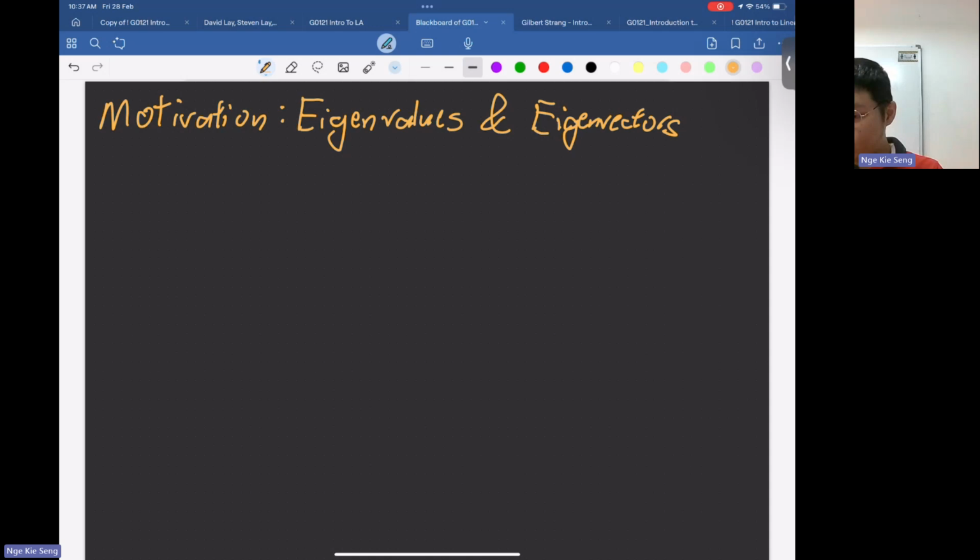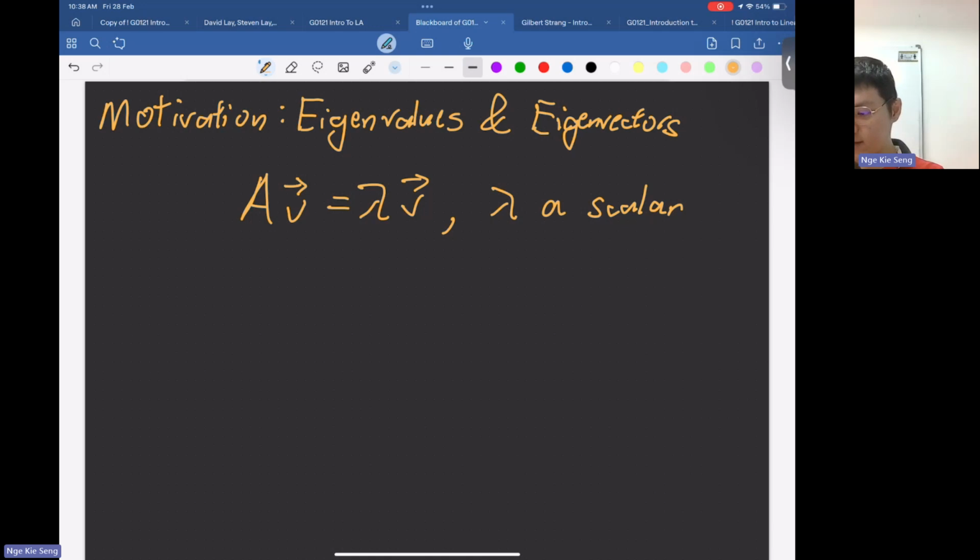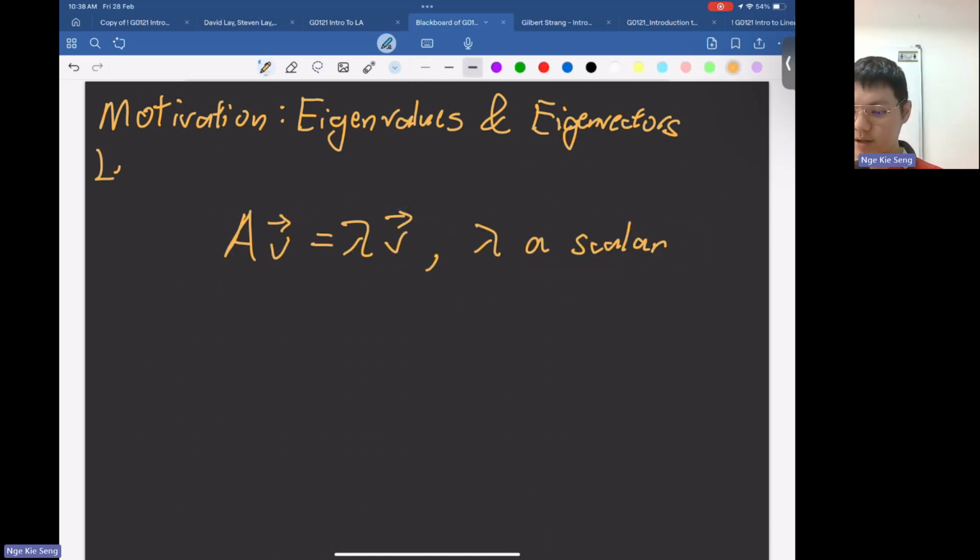Basically, we are concerned about this equation here. Linear algebra is just equations, right? A bunch of equations, whether the answer is 0 or something else. In particular, this equation is about Av equals lambda v. Lambda is a scalar here, and A is a matrix. Let A be an m times n matrix.